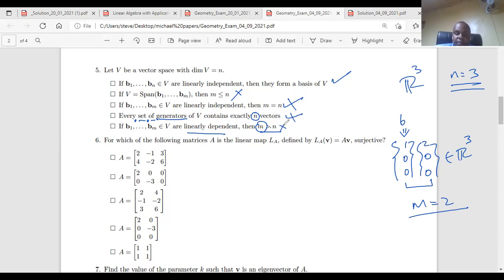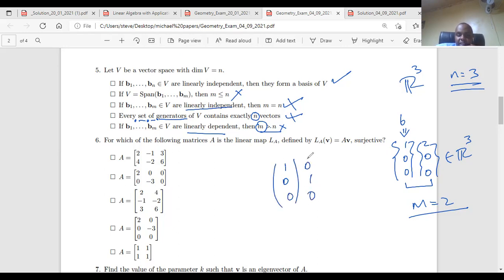And for the case where B1 through Bm inside V are linearly independent, then M equals N. Why is this? It's because you could pick linearly independent vectors. For example, look at R3. Pick (1,0,0) and (0,1,0).